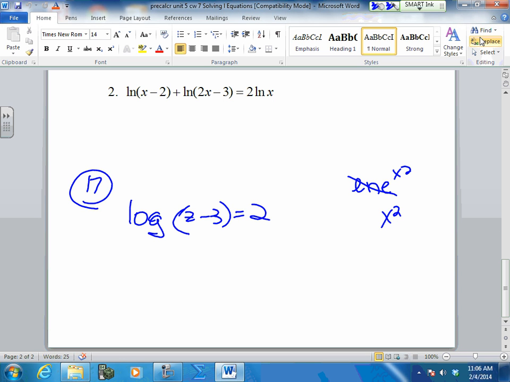If I saw this, what's the base? 10. So when I go to say log equals exponent, sometimes it's helpful to put the base in there. So 10 to the 2 equals z minus 3.